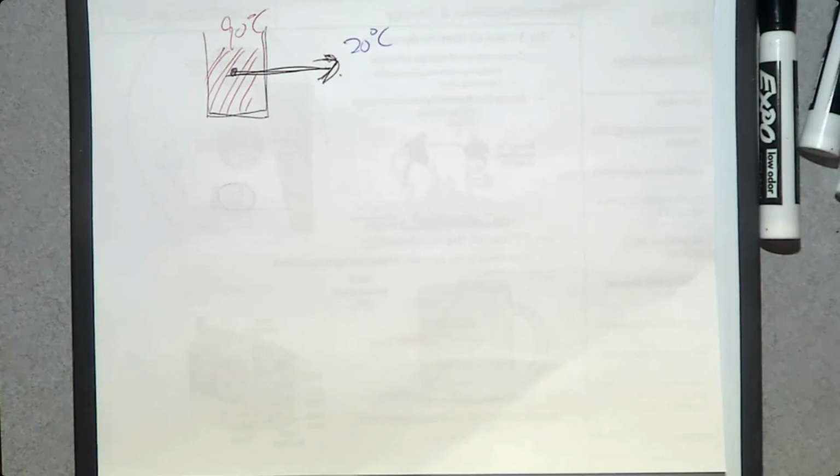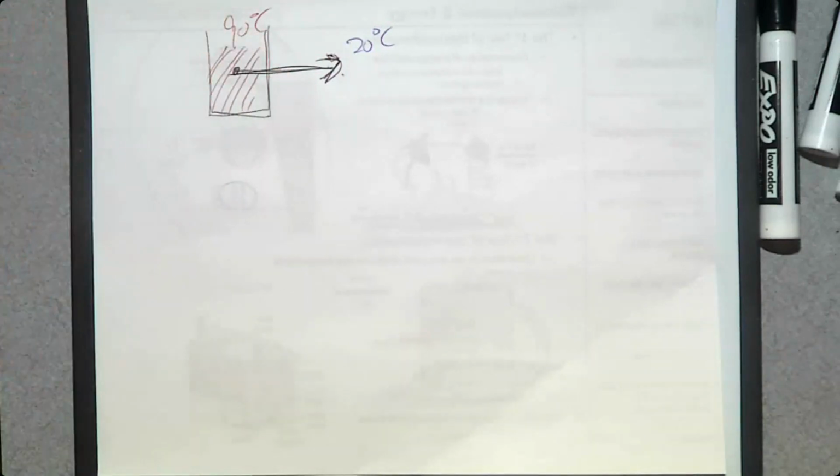Am I right? Yeah. Now, if you hold this coffee cup, of course, it's going to be hot. 90 degrees Celsius is way above your body temperature. What is your body temperature? 36.5. Sometimes you can be 38 or 39 if you have a fever or something.